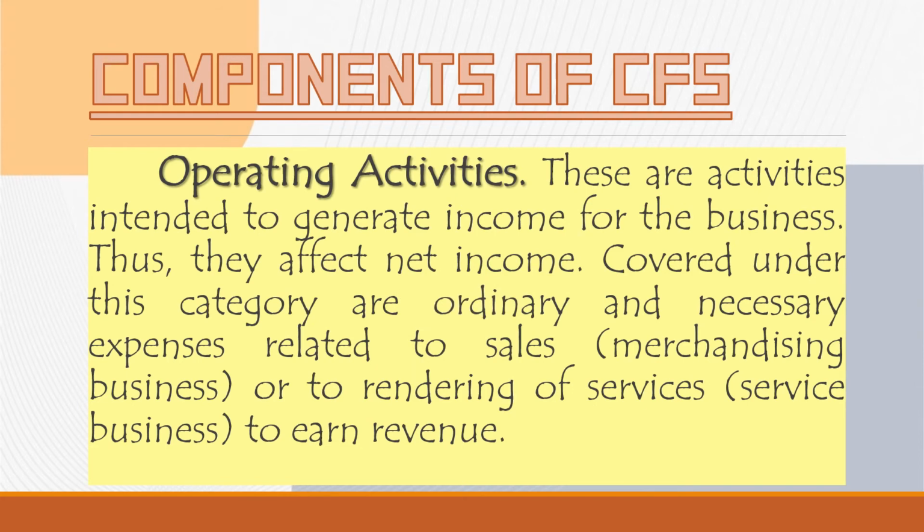Operating activities are intended to generate income for the business. Thus, they affect net income. Covered under this category are ordinary and necessary expenses related to sales or to rendering of services to earn revenue.